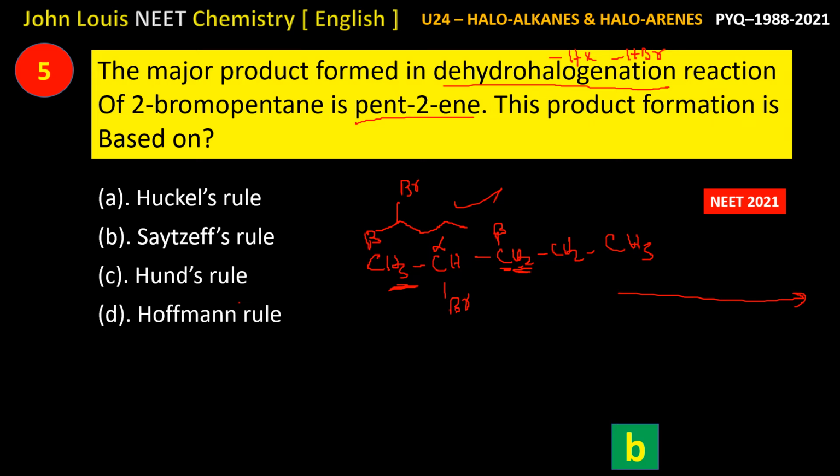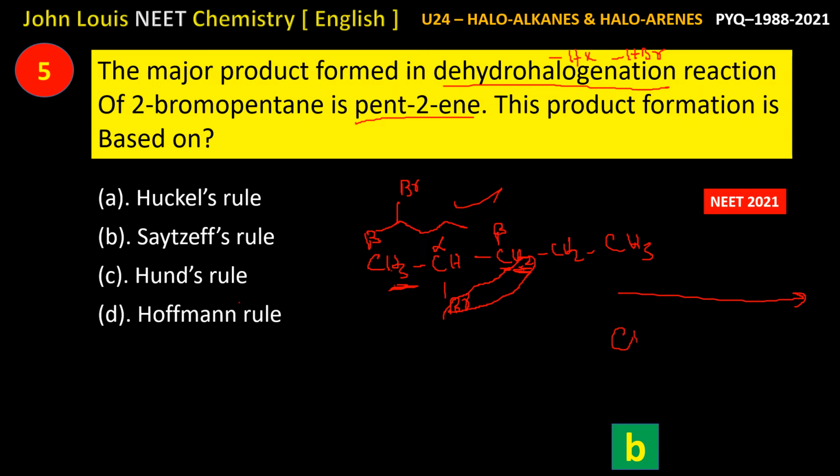So here bromine will be eliminated from this alpha carbon. Now this is the adjacent carbon, beta carbon. How many hydrogens are there? Only 2 hydrogens are there. On the other side, in the other beta carbon, how many hydrogens are there? 3 hydrogens are there. Suppose the hydrogen is eliminated from the beta carbon where the number of hydrogens is less. Suppose 1 hydrogen and 1 Br is eliminated.